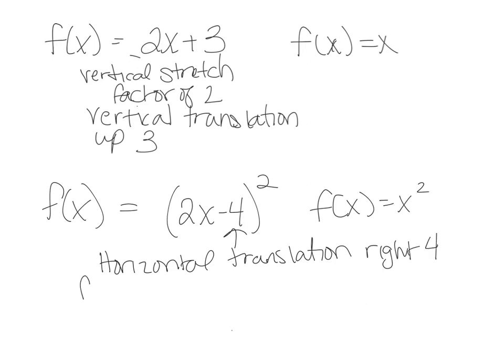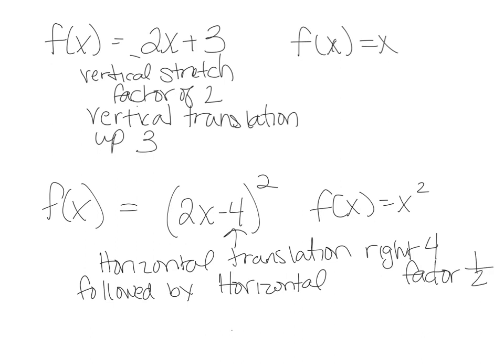And then it's followed by a horizontal. And let's talk about what the factor is before we decide whether it's shrink or stretch. If it's 2 inside the function, then my factor is 1 over that, 1 over 2, so it's a horizontal shrink.